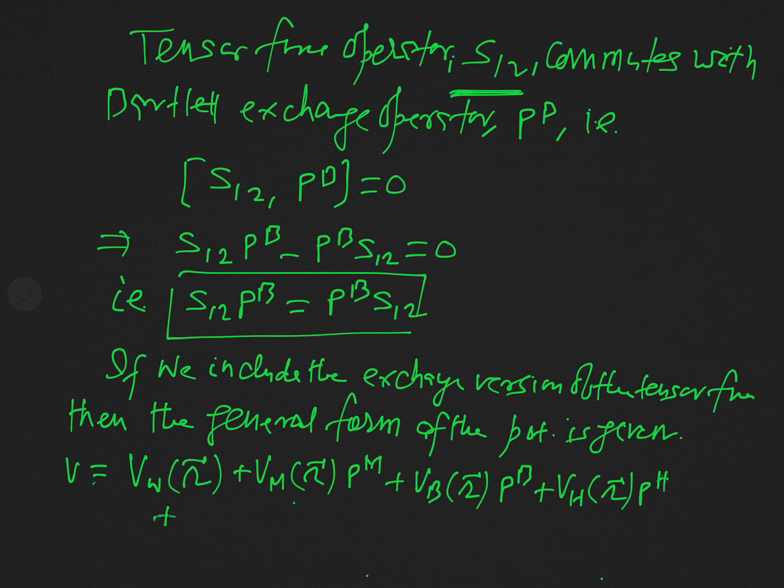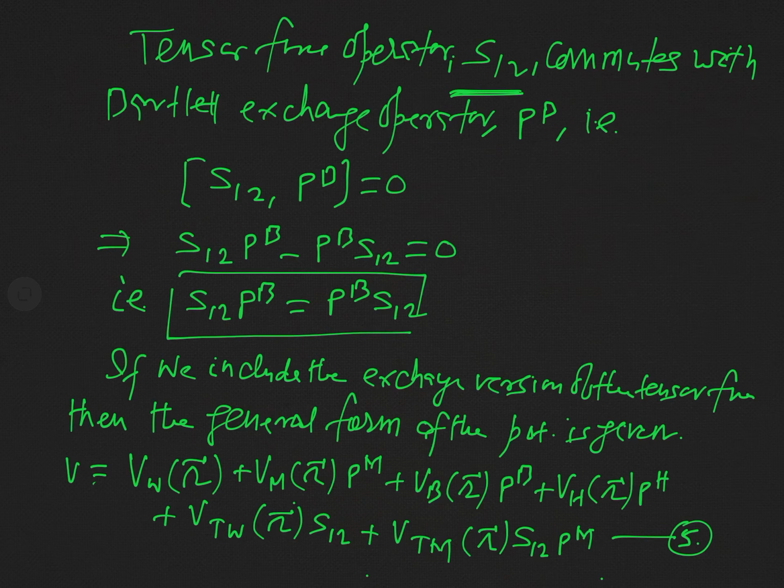So two terms will be surplus here. Thus, these terms are VTW of R S12 and plus VTM of R S12 PM.